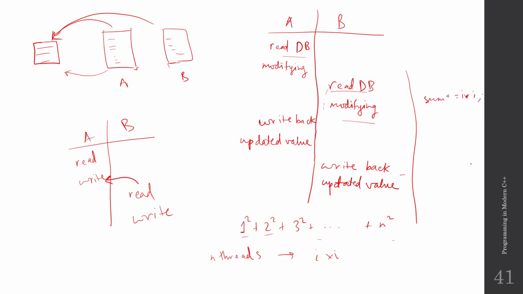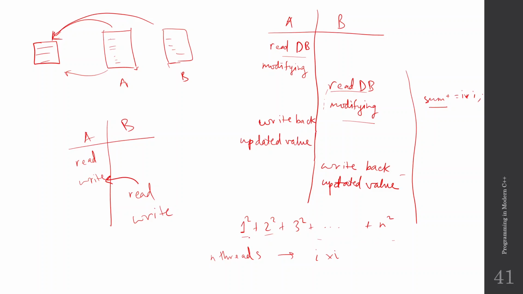Now this might not work properly because while one thread is updating the sum, another thread might also be updating the sum. Okay, so it will create an inconsistency in the program, because of which the actual output might be lesser than the correct output.